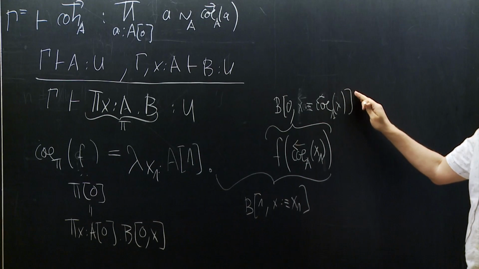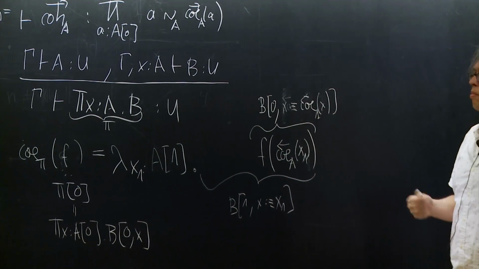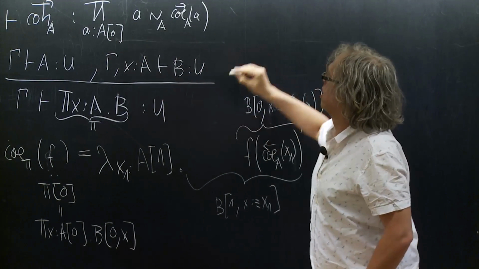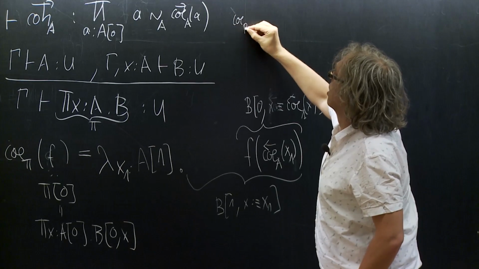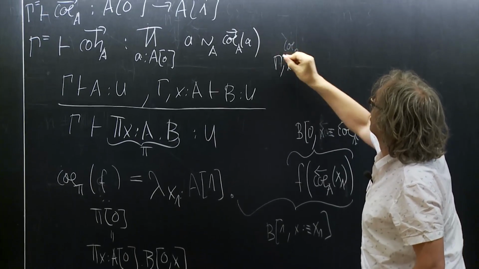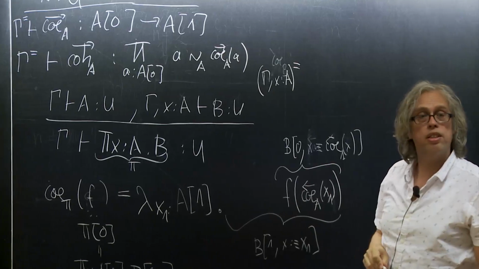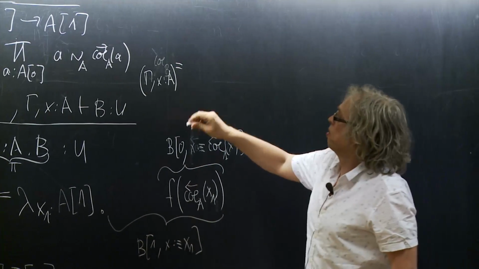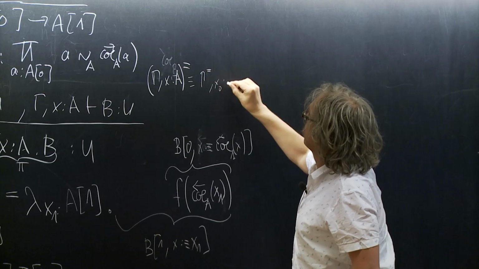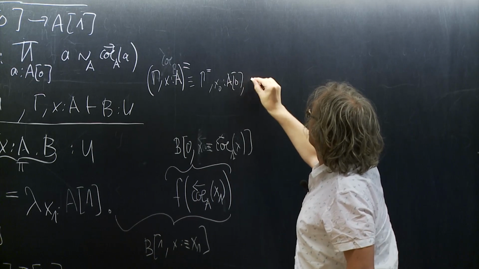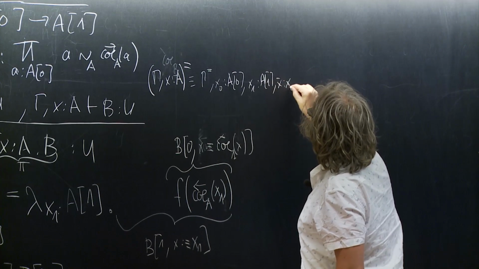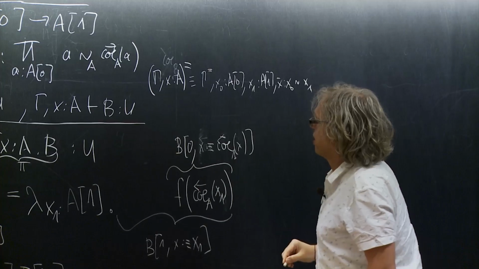I'm certainly going to apply coe B, but coe B lives in this context. So coe B lives in gamma x colon A equal. Right? So which is the same as gamma equal x0 in A0, x1 in A1, and x bar proving x0 is equal to x1.